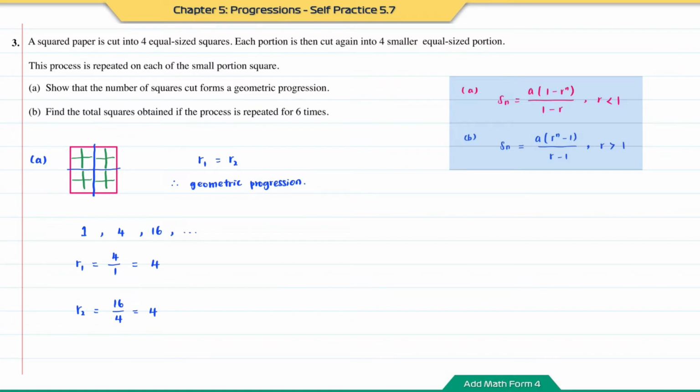Question B. Find the total squares obtained if the process is repeated 6 times. For the total squares, we're going to sum up all the number of squares.